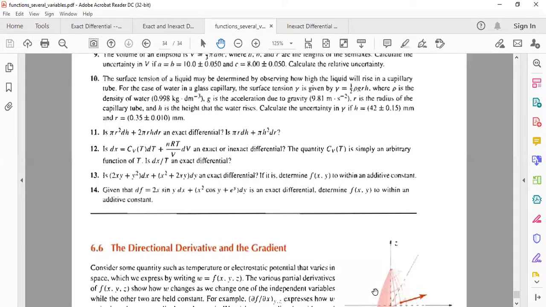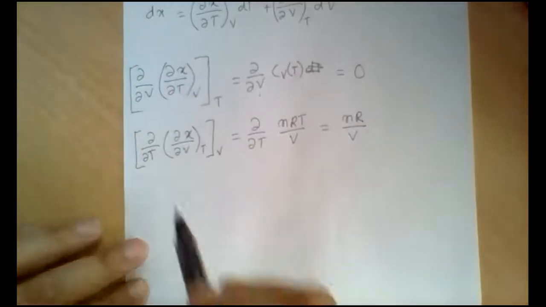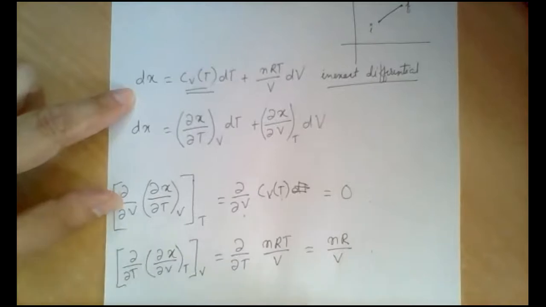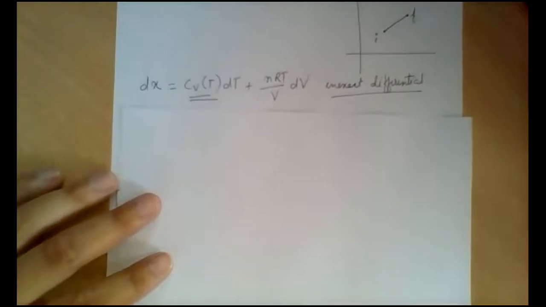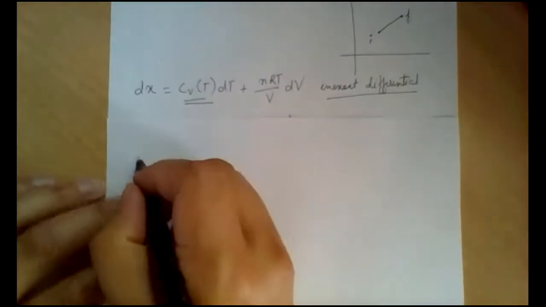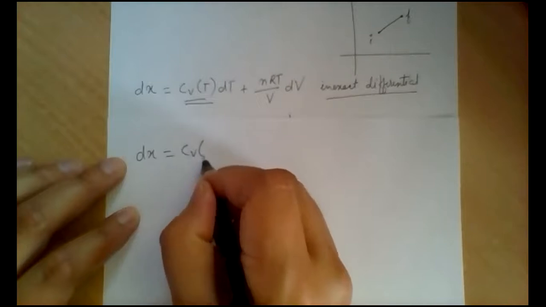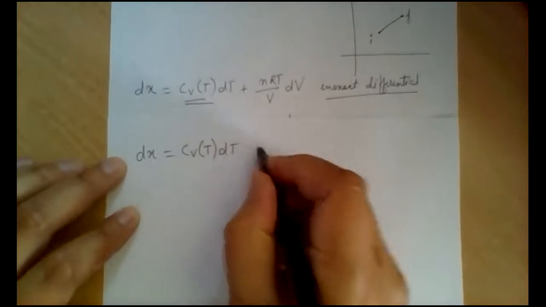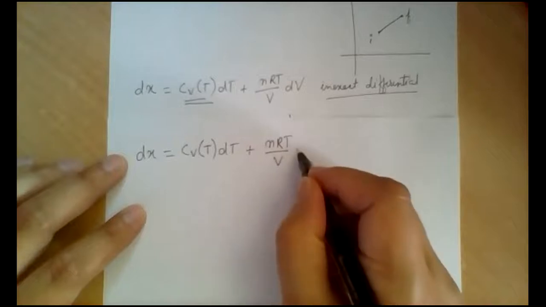So let us see that. Let me write it on a new page. dX is equal to CV(T) dT plus nRT by V dV.